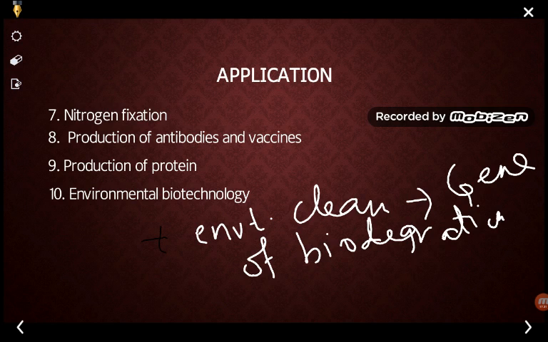And you know that genetic engineering provides a vast opportunity for improving the process of economic value and in treating diseases. हम यहाँ क्या कर सकते हैं, by means of genetic engineering we are improving the process of economic value. यहाँ पे BT cotton हम produce करके economic value को increase कर रहे हैं.